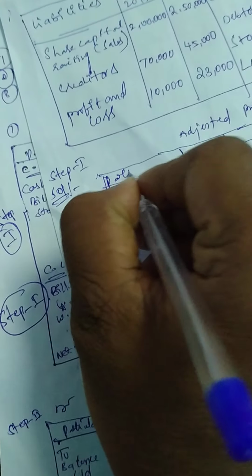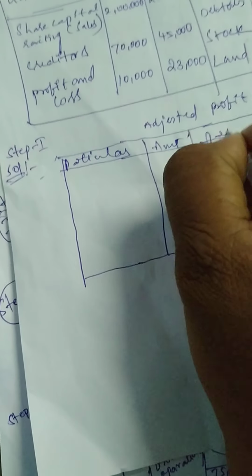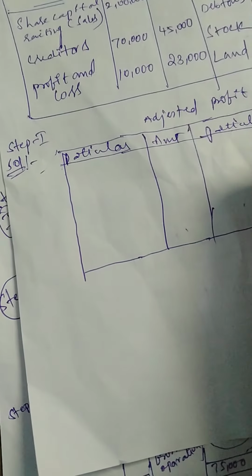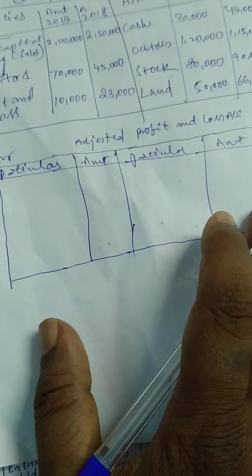Particulars, amount, particulars, amount, credit and debit. So for this adjusted profit and loss account, we have to follow the same format.